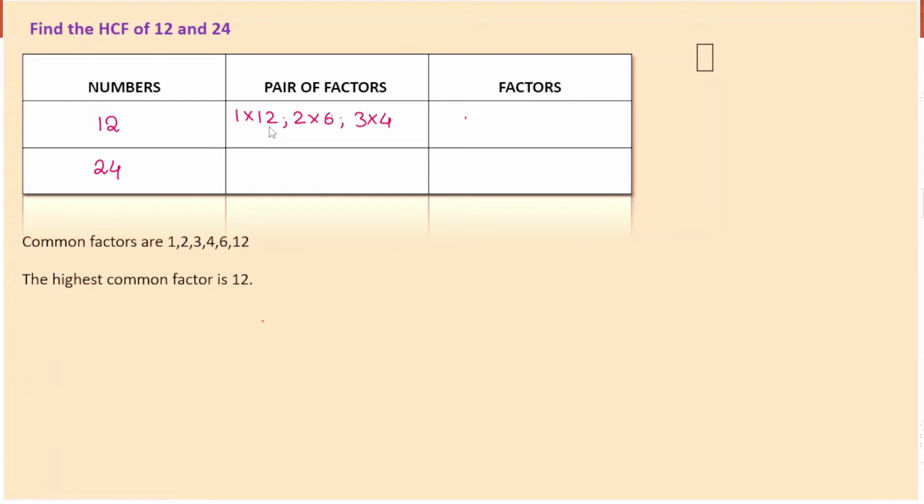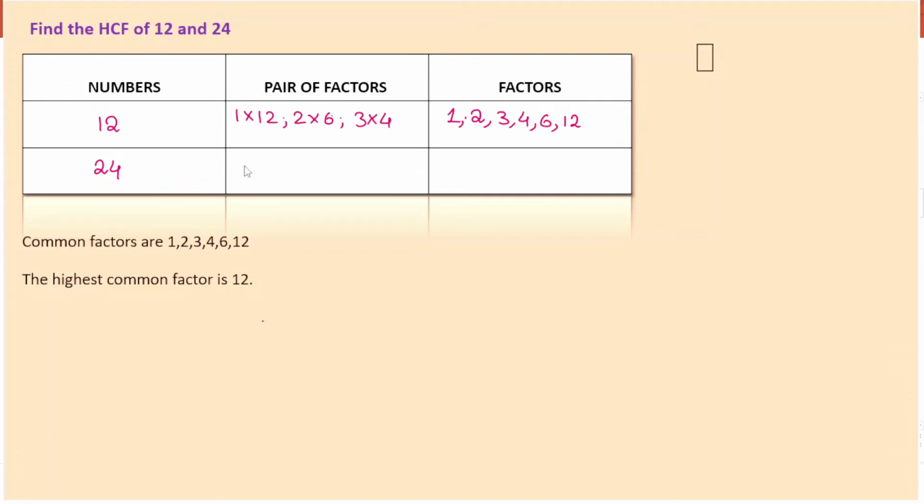Because all these numbers, 1, 12, 2, 6, 3, 4, are factors of 12, and one combination, like 1 and 12, makes 12. So what are the factors? 1, 2, 3, 4, 6 and 12 are the factors of 12.